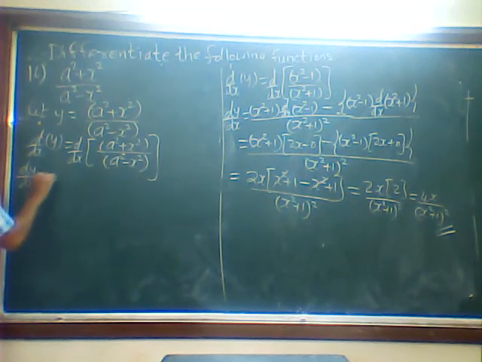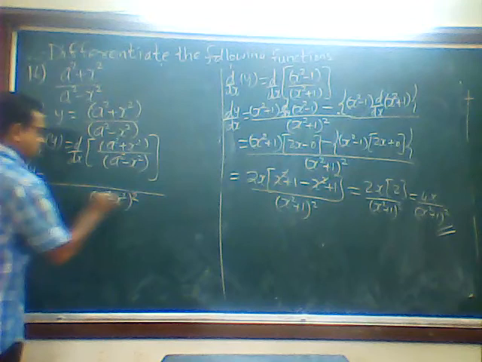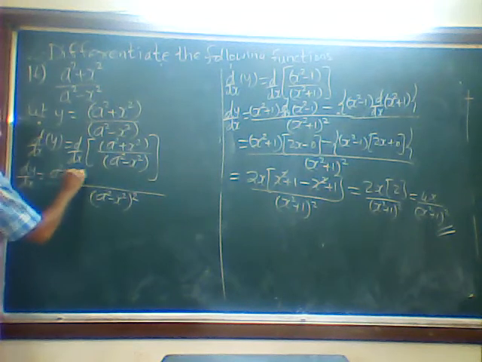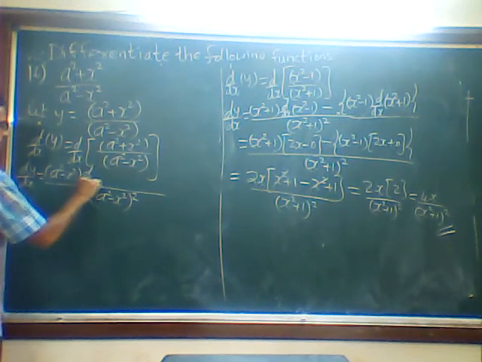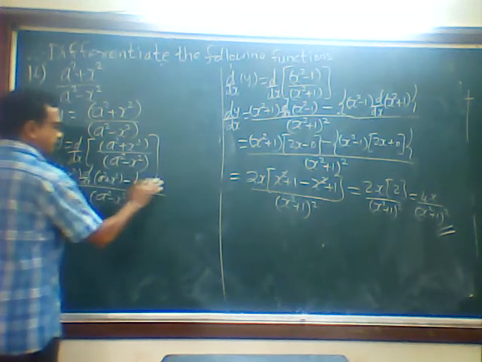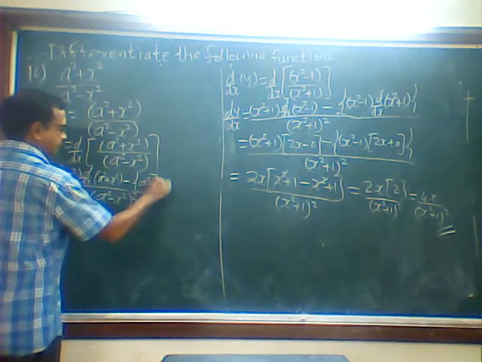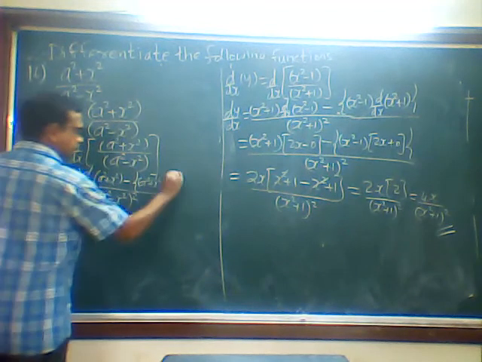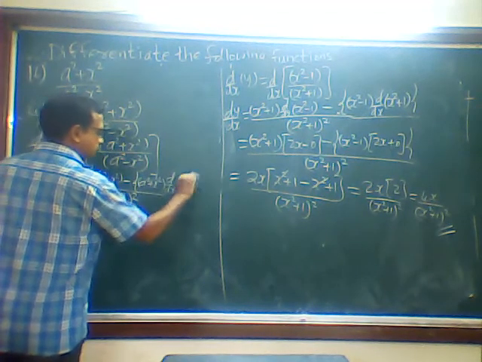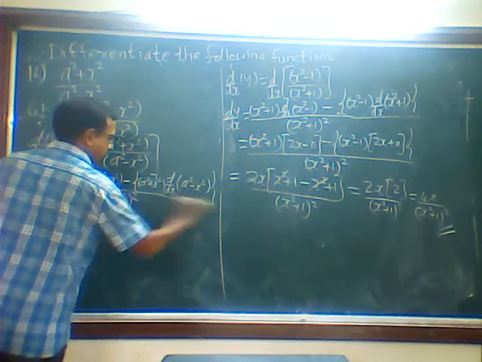Denominator square, denominator as it is, d by dx of numerator, minus lower bracket, okay, a square plus x square as it is, d by dx of this, okay. I'll close the lower bracket.